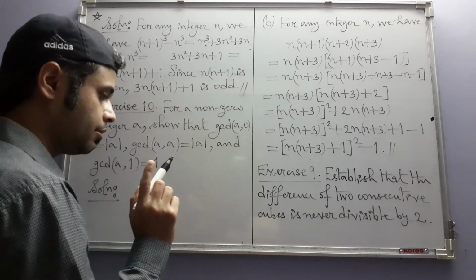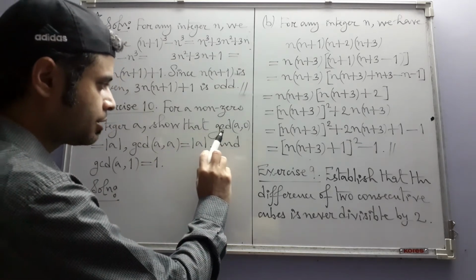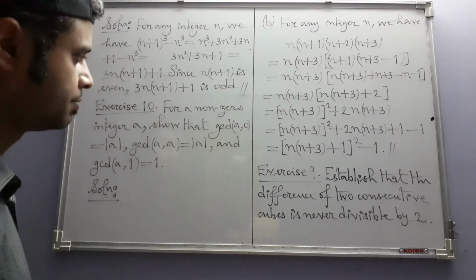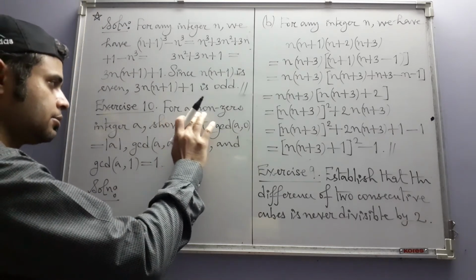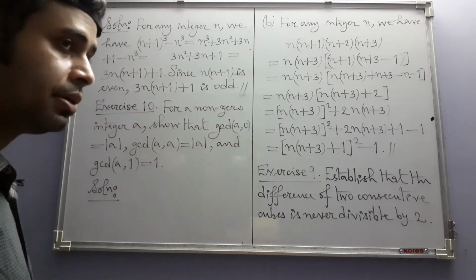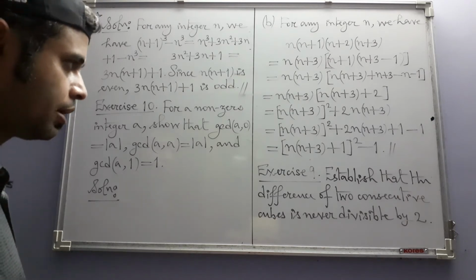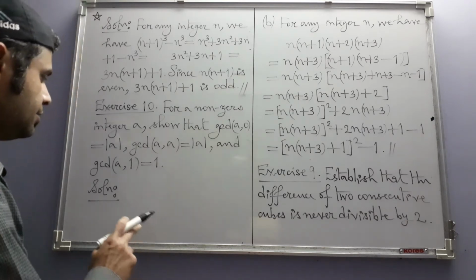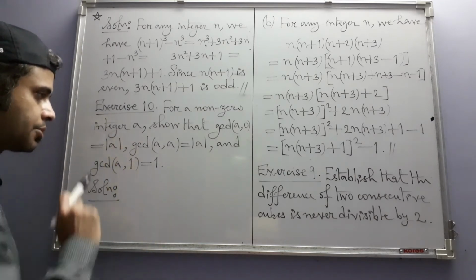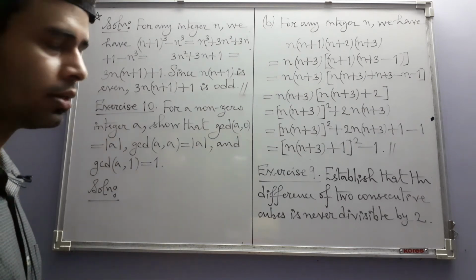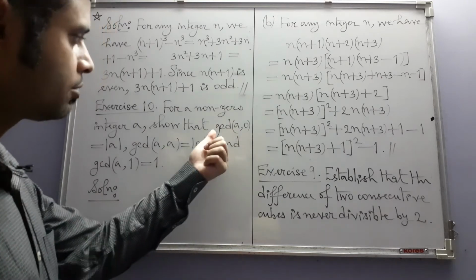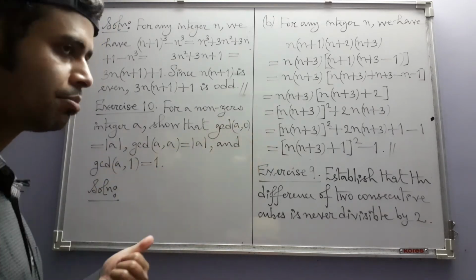A is a non-zero integer, so that's why this first greatest common divisor exists. Okay, and since it's only given that a is a non-zero integer, a may be negative also, but by our definition GCD is a positive integer, so that's why we had to take absolute value of a and not just simply a. If you have a equal to -1, you won't write GCD of -1 and 0 equal to -1.